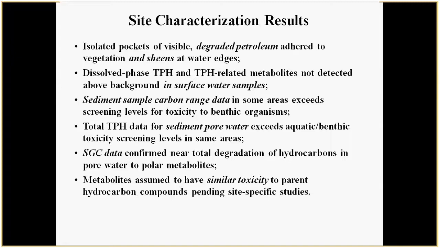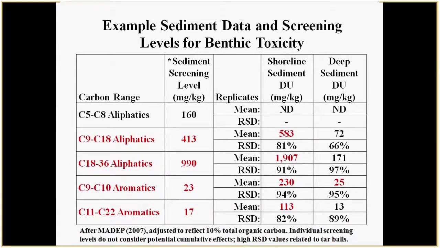The total TPH data for sediment pore water exceeded screening levels for aquatic toxicity. The SGC data confirmed near total degradation of these hydrocarbons in the pore water to polar metabolites. And the metabolites, though, at this stage are still assumed to have a similar toxicity to the parent hydrocarbons, pending site-specific studies.